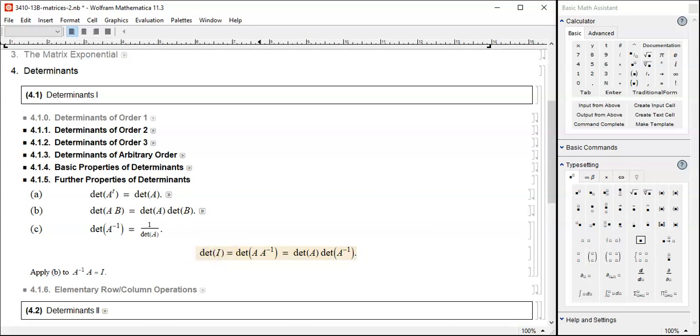That's the determinant of the identity matrix, isn't it? Because A times A inverse is identity, and that's just 1. Oh, by the way, how do we get that the determinant of the identity matrix is 1? Maybe I have to go back there again.